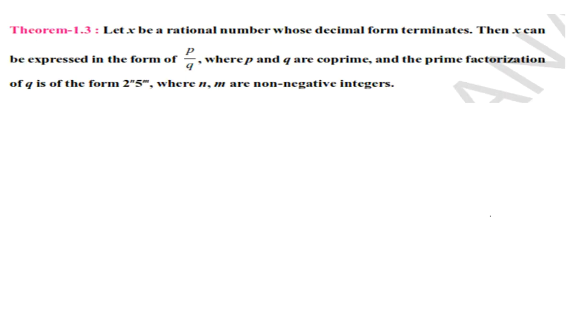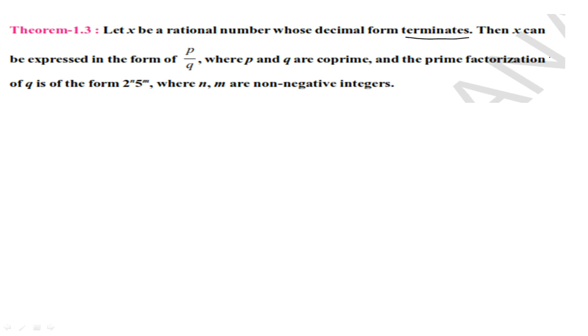Okay, is it clear? Now let's move on to theorem 1.3. What is the theorem? Let x be a rational number whose decimal form terminates. Underline this word, terminates, which means it stops at this point. At one point there is a stop for that decimal.